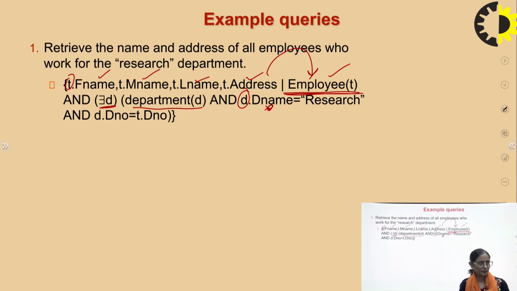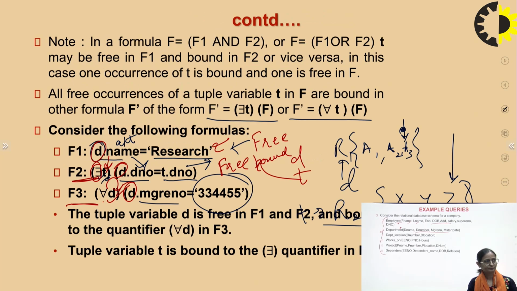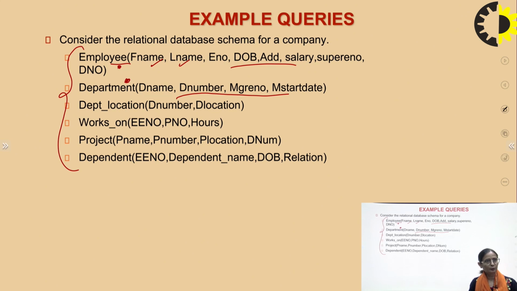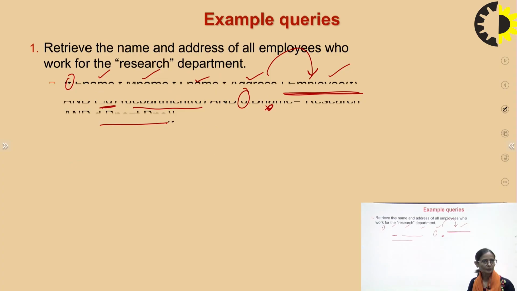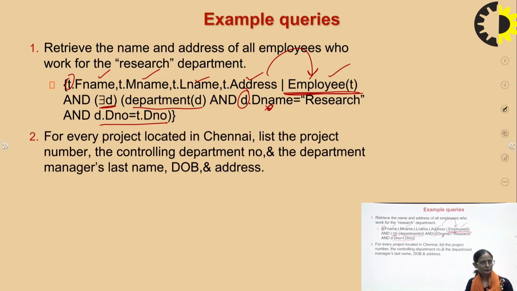And D dot department number is equal to T dot department number. If you look here, we have this department number, and here we have this department number. Here it is acting as primary key, and here it is acting as foreign key. So this we have seen.